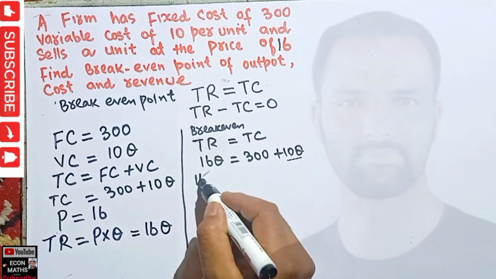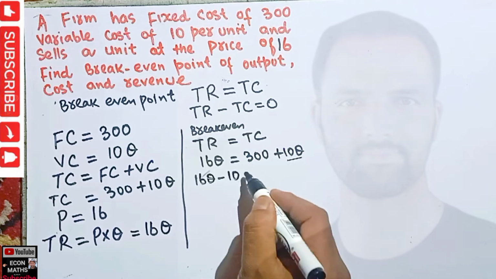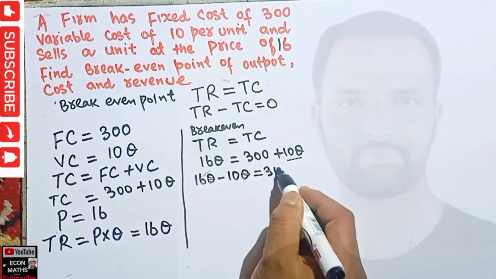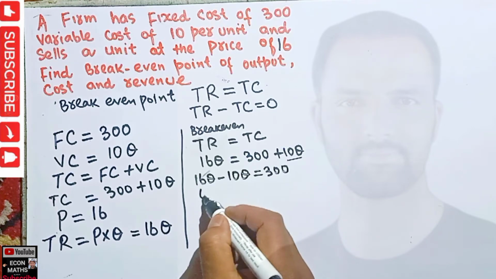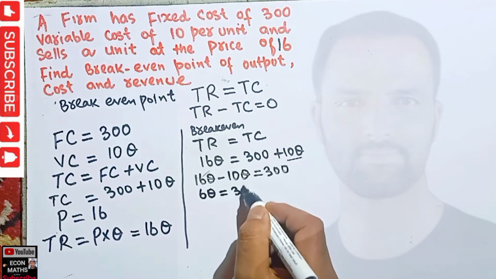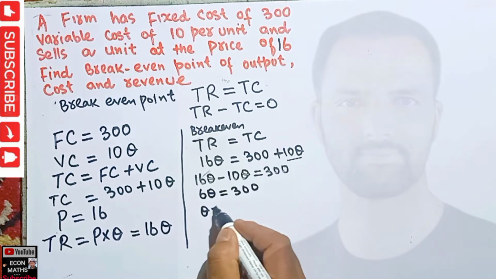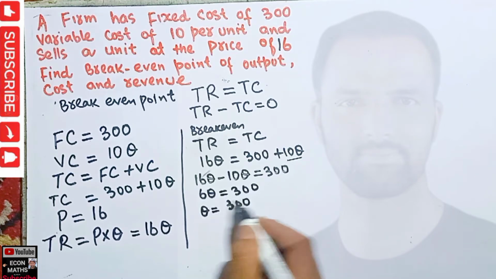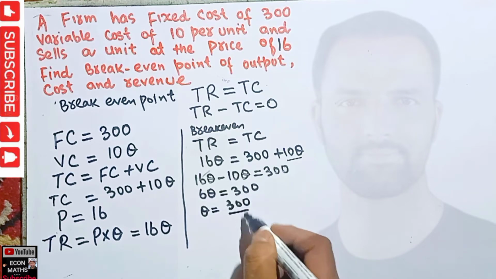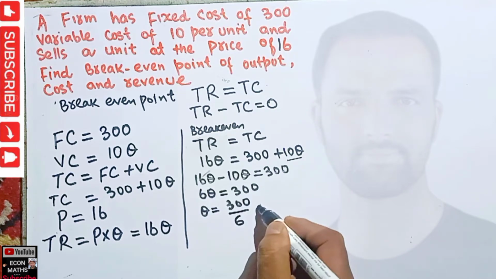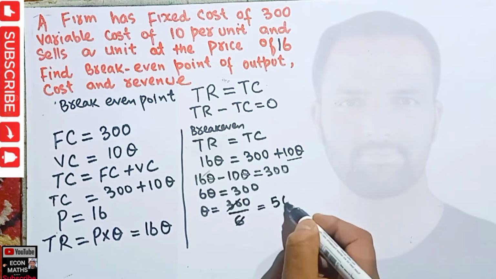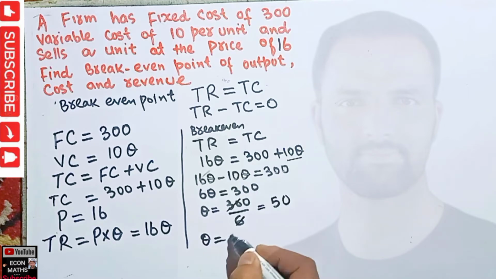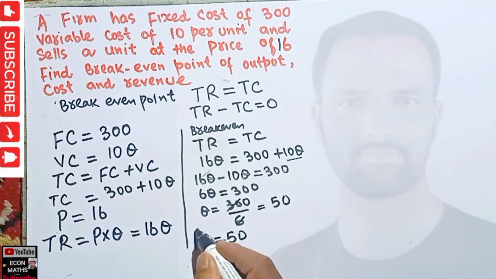So we have 16Q minus 10Q is equal to 300, or 6Q is equal to 300, or Q is equal to 300 over 6. 6 fives are 30, 6 zeros are 0. That means Q is equal to 50, and this will be our break-even point.